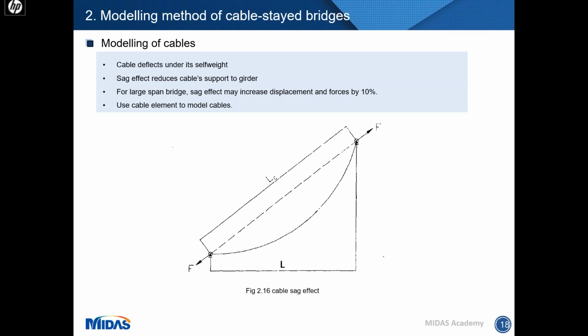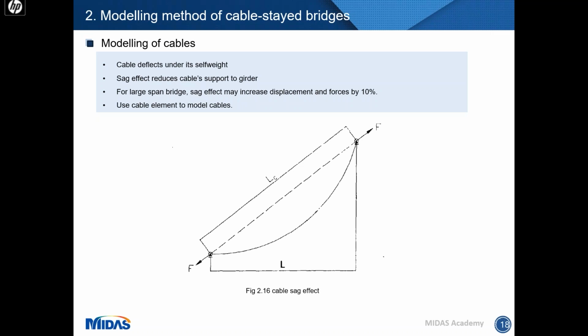Once it sags, the angle will reduce a bit, so the support will be reduced accordingly. So for large span bridges, the sag effect may increase the girder displacement and forces by 10%.